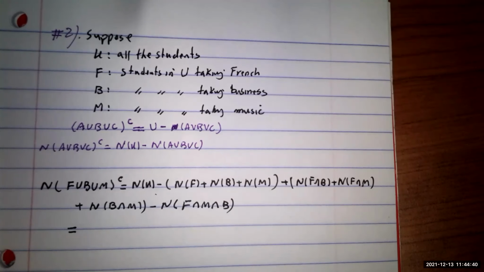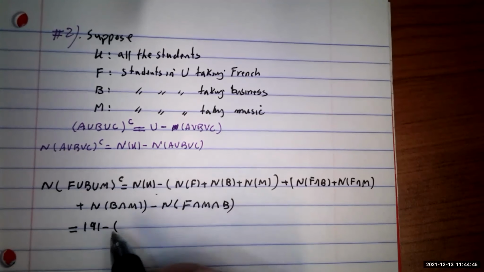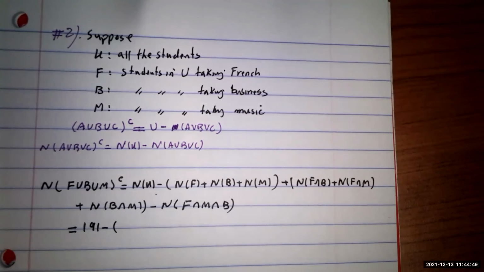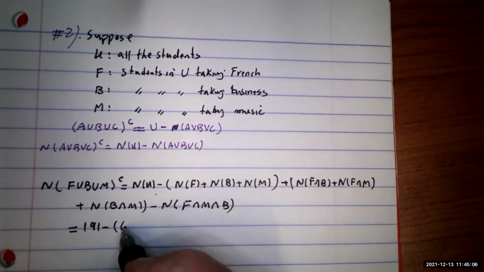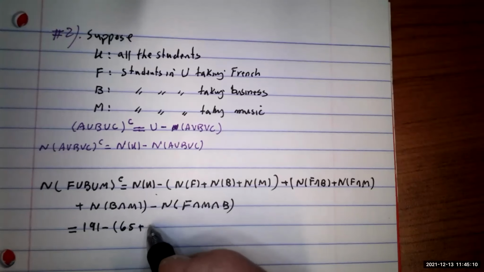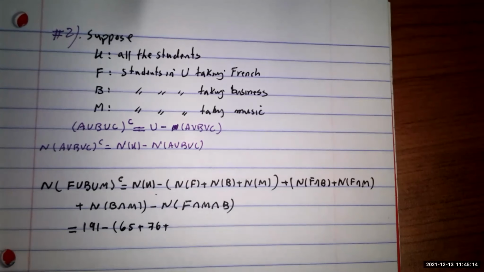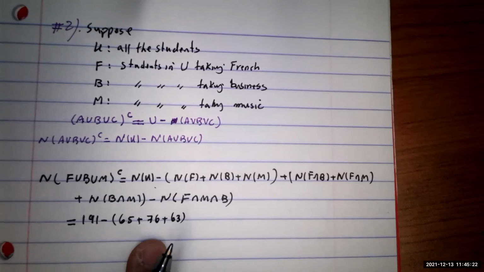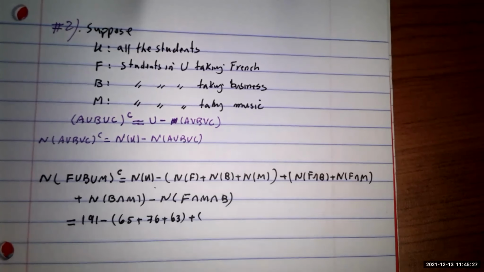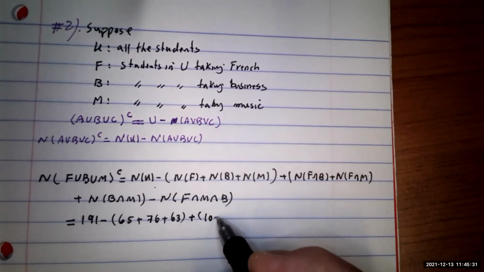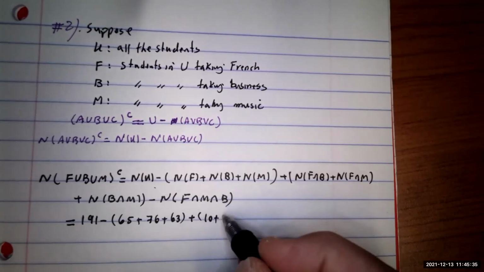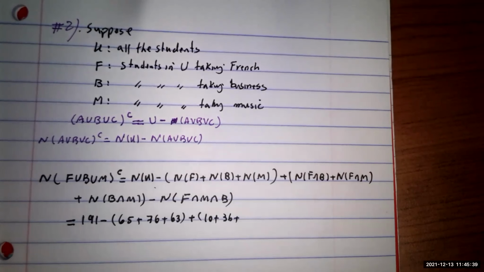Because the total number of the students is going to be 191. So this is 191 minus the students taking each single course. 18 are taking all together. 65 were taking French, it was given to you at the end, 76 taking business, and 63 students taking music. The two-by-two ones are given to you: this is going to be 10, 36, and 20.